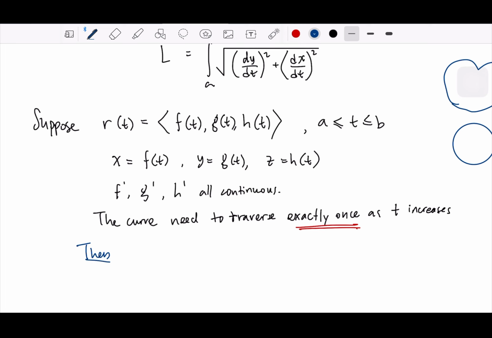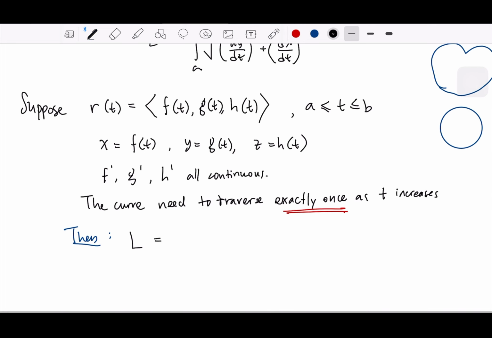Okay, now we can write the arc length in the vector functions.